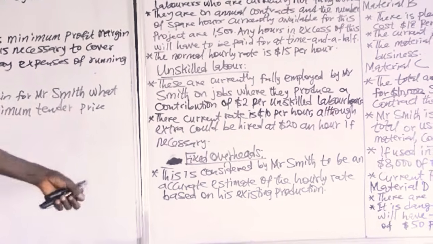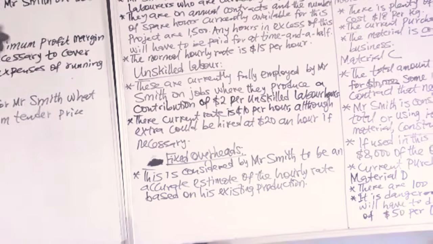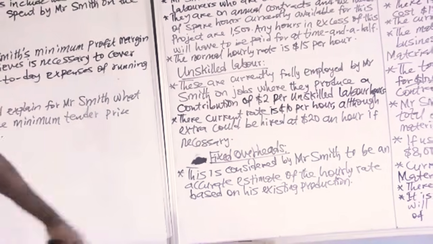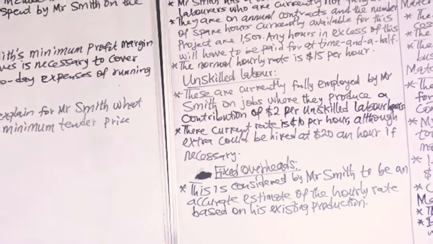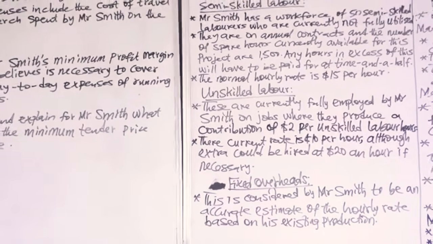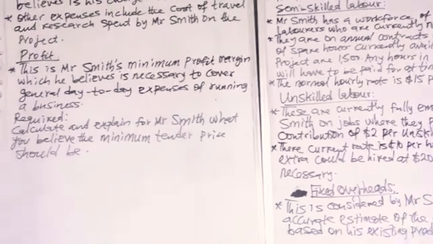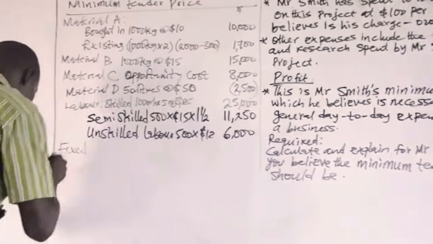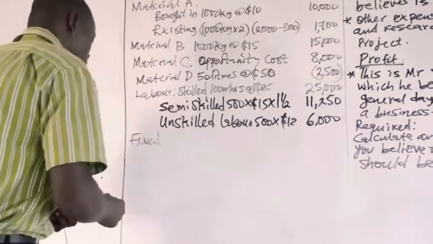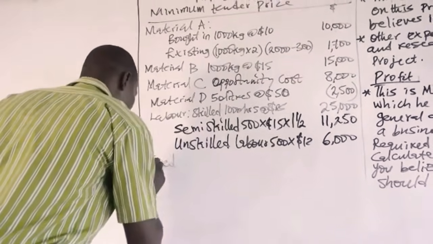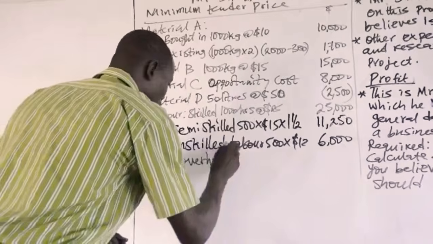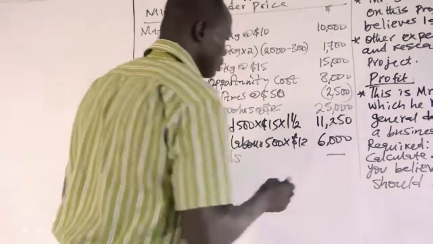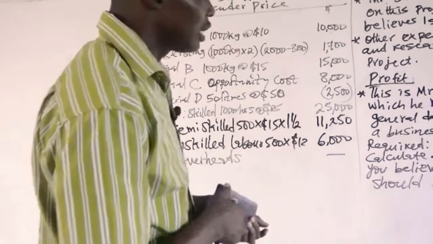It's absorbed, it's the one charged, it's the one attributed, it's the one recovered. And I've told you that overhead absorbed or overhead recovered is not relevant. So estimated fixed overheads is not relevant.